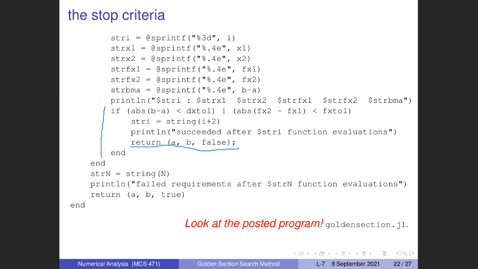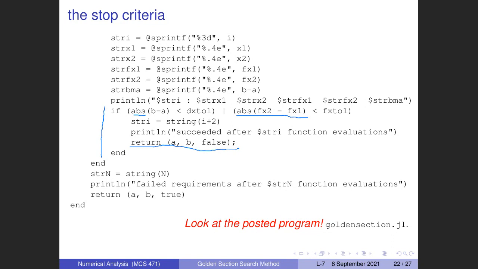In some sense, the absolute value here is redundant, as b is always larger than a, but for symmetry the absolute value is in both cases because they are positive numbers.